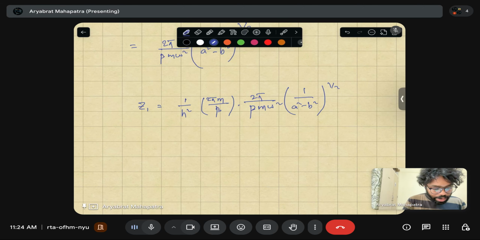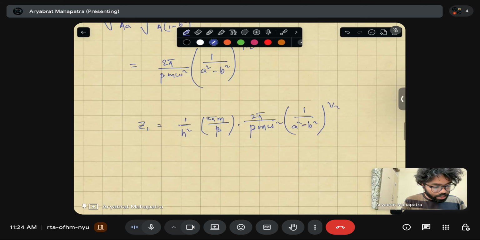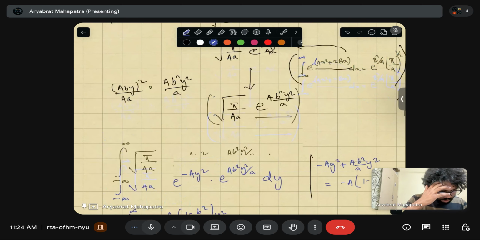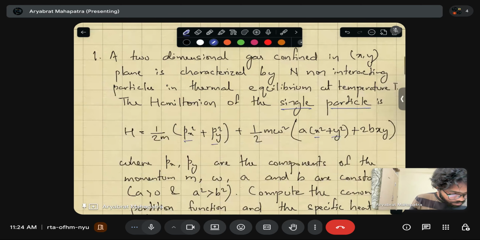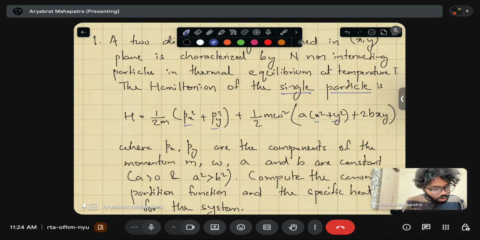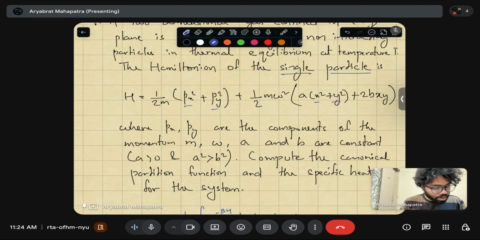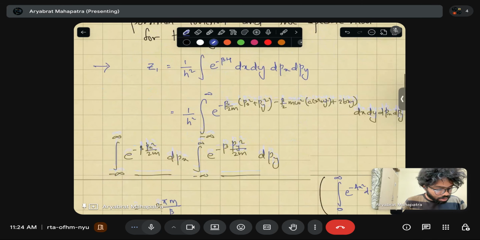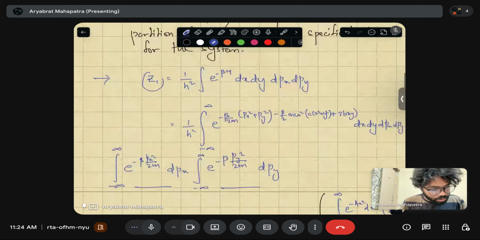So for n number of particles as it was said in the beginning, as we have written down for the single particle. Remember these are your non-interacting type particles and considering identical type particles. So we have only written down a single particle partition function.